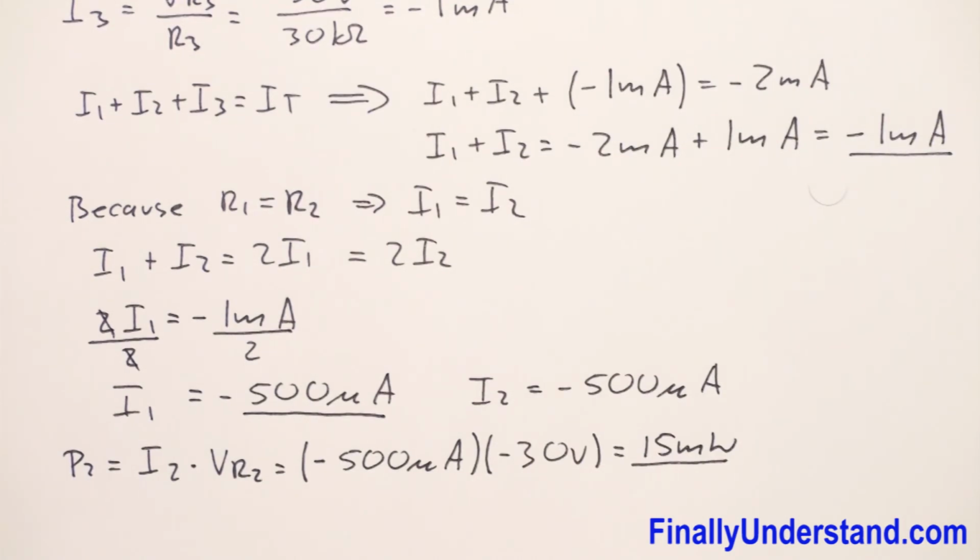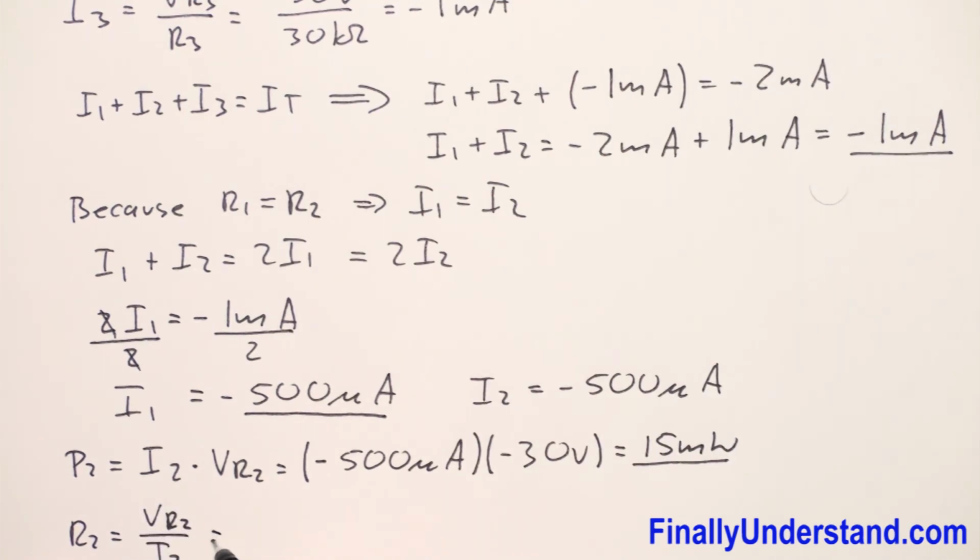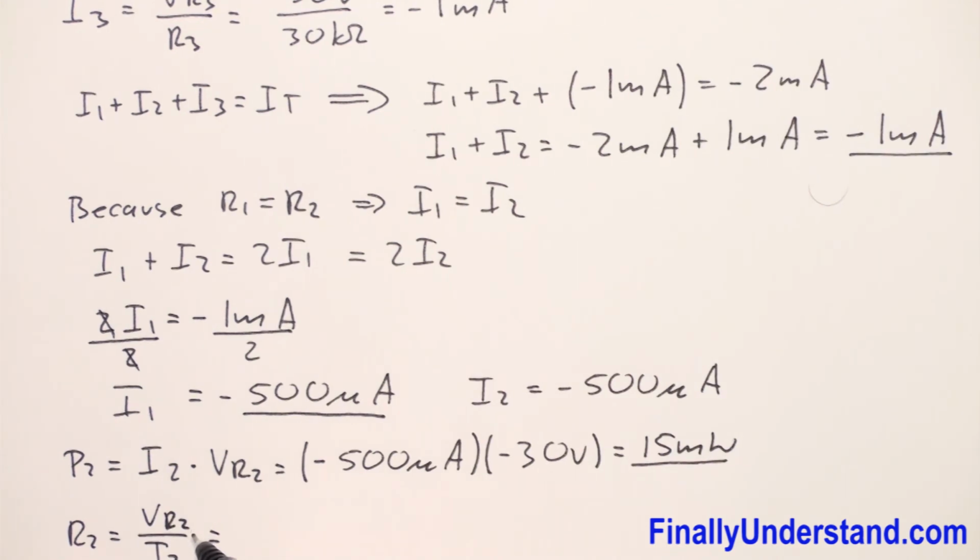We have to find R2 as well. To find R2, I'm going to use Ohm's law. R2 is equal to VR2 over I2. VR2 is equal to negative 30 volts divided by I2, which is equal to negative 500 microamps.